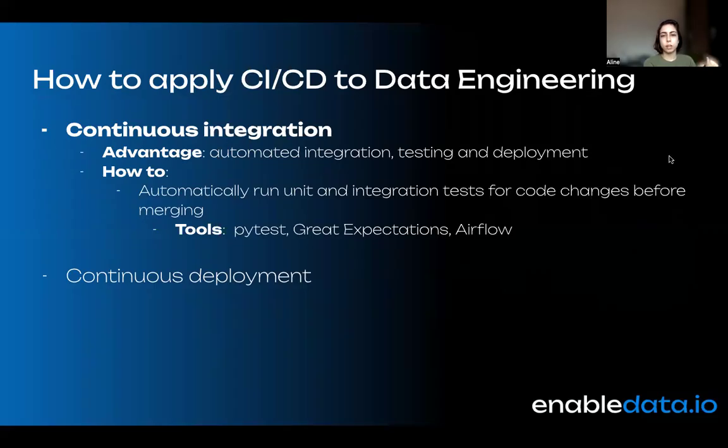Automatically run unit and integration tests for code changes before merging. For example, if you have functions for transformation, you will have unit tests for each function, and before you merge to your main branch of code, you will perform tests using PyTest or Airflow specific tests.